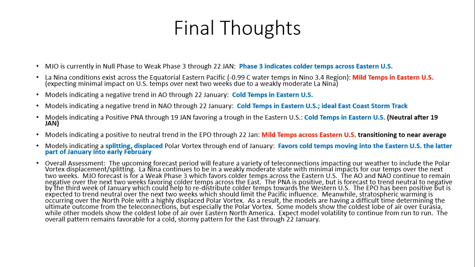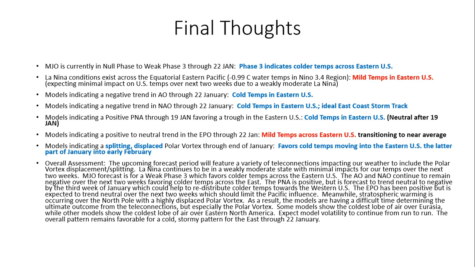So this is a real battle. This is a highly dynamic situation. So I just wanted to point that out in tonight's video. We should expect model volatility to continue from run to run. As we get closer towards late January, I imagine these models are going to come into better agreement and be able to pick up on the anomalous behavior of the polar vortex.